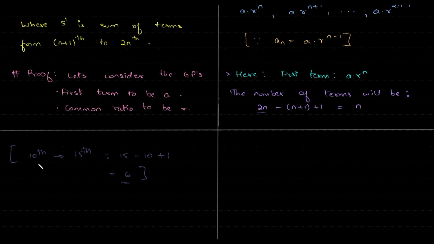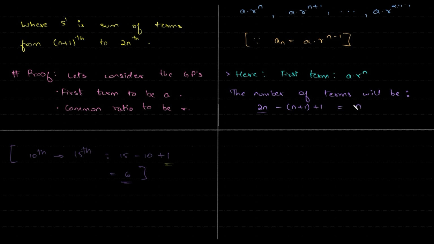Subtract 15 and 10, add 1 to that. That will be the number of terms. The reason being, whenever we subtract 10, the 10 value is taken away. It's like you're counting from 10, excluding 10. So 15 minus 10 will be a count from 11 till 15. But if I want to include the 10th term, then I need to add 1.